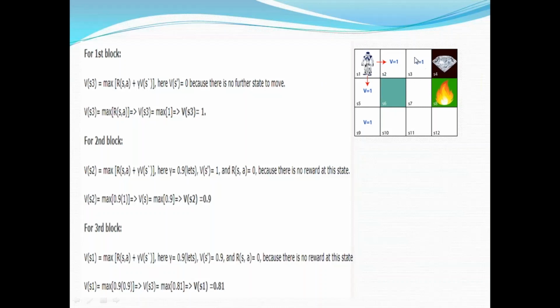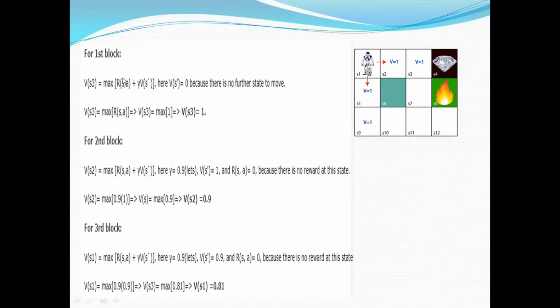And what will be the reward by going from S3? From S3, if you move to the right side, the machine will get a reward of +1, as I told you for going to S4. So he has applied that in the equation.